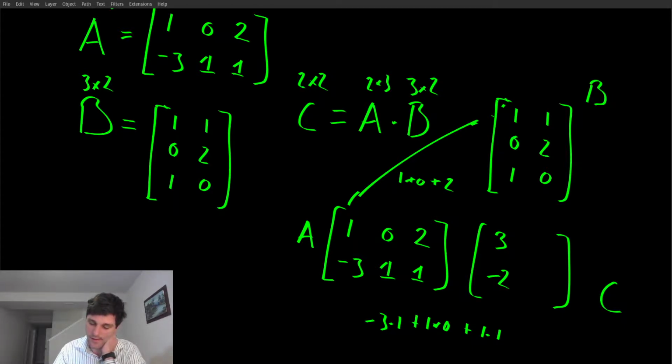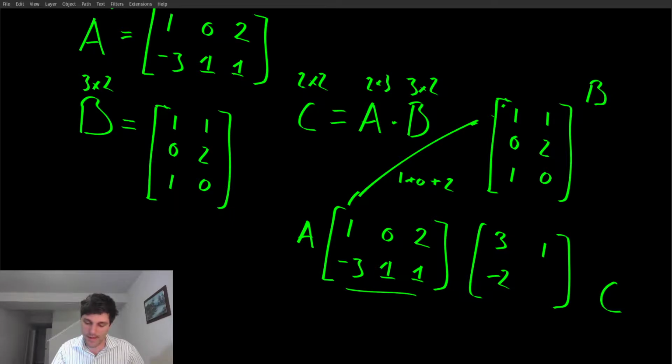And then for this place, I'm going to do first row of A, second column of B. So I need 1 times 1 is 1, plus 0 times 2, plus 0 times 0. So that's just 1, that's easy. And last one, we're going to do second row, second column.